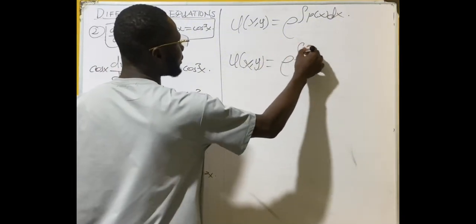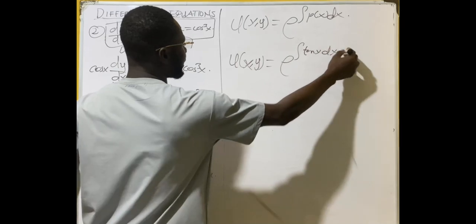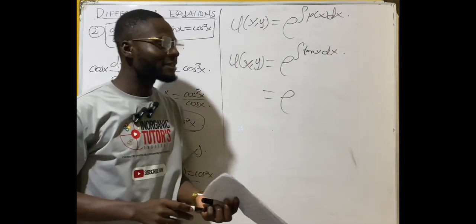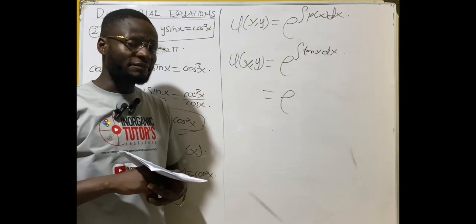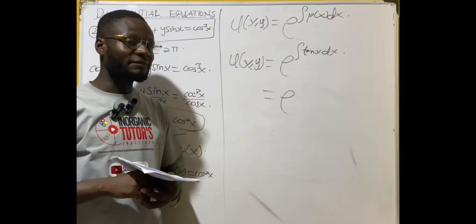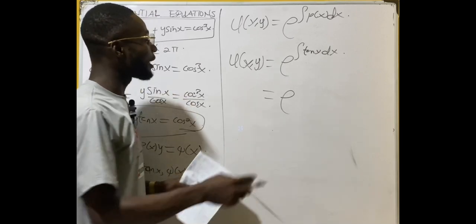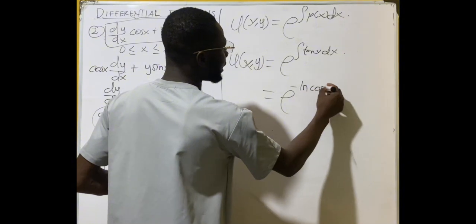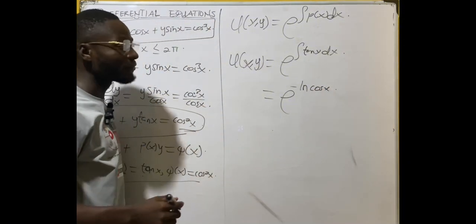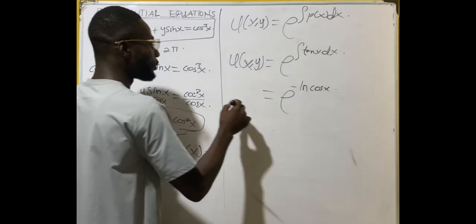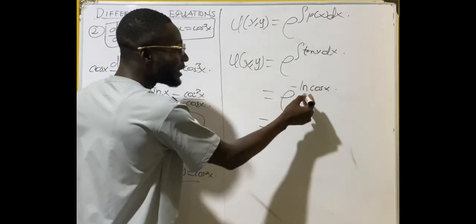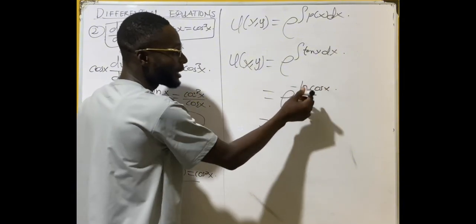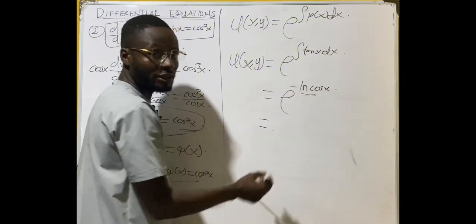So we have the integral of tan x dx, and the integral of tan x is negative ln of cos x, right? So we have negative ln cos x. Okay, so note that this is a log function.